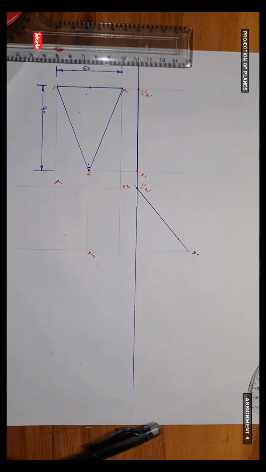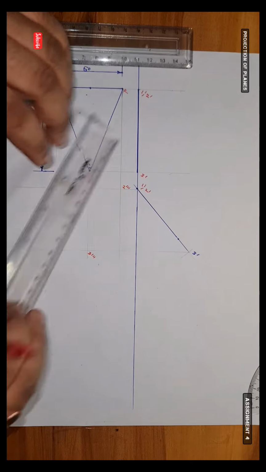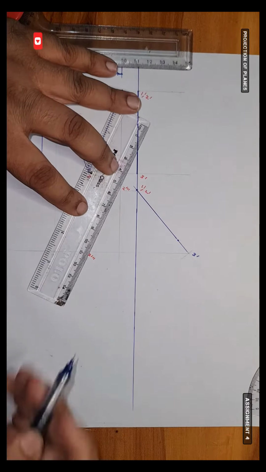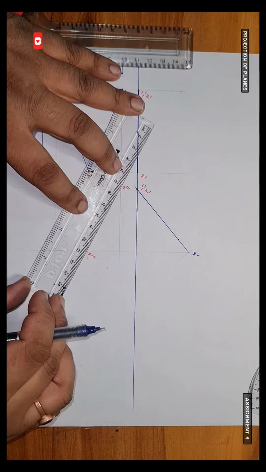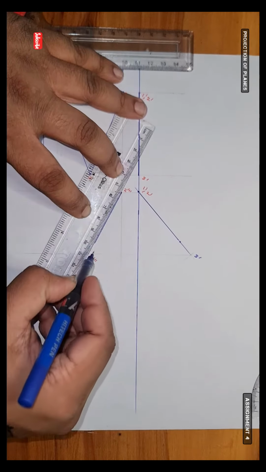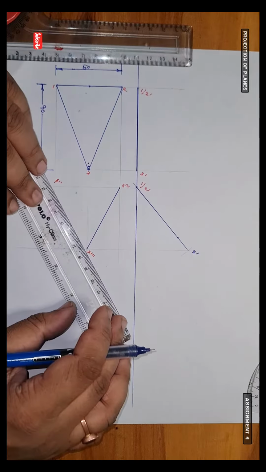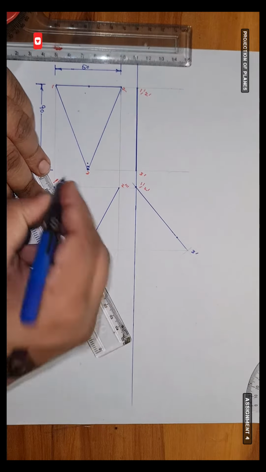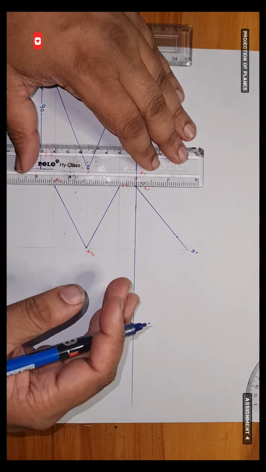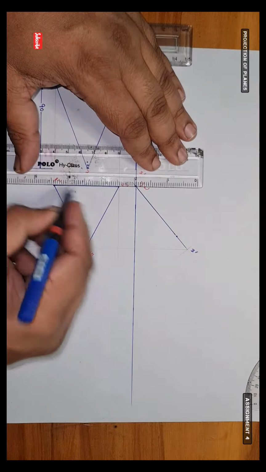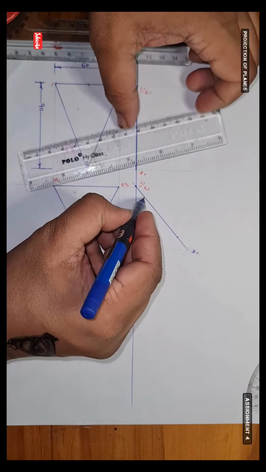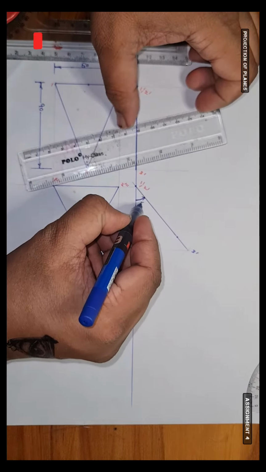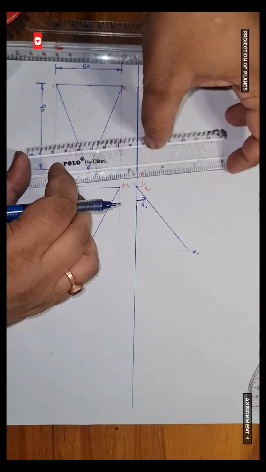Okay, now join these points and you will get the top view. This is your new top view, in which the lamina stands at 40 degree with the HP. This angle is 40 degree.